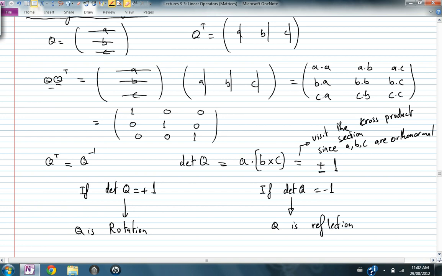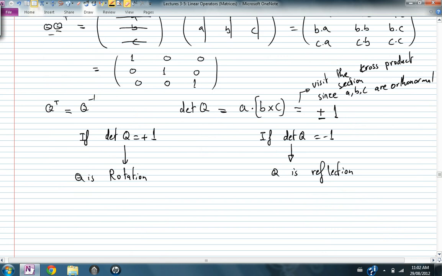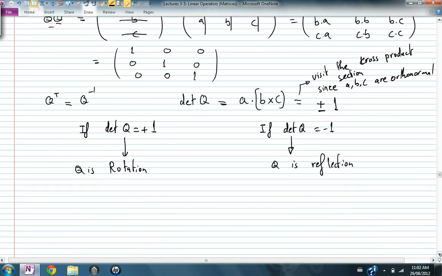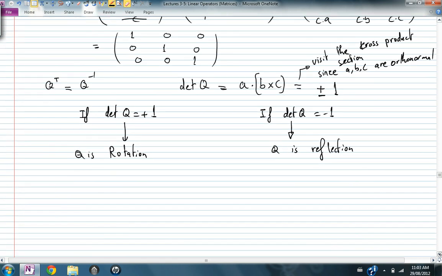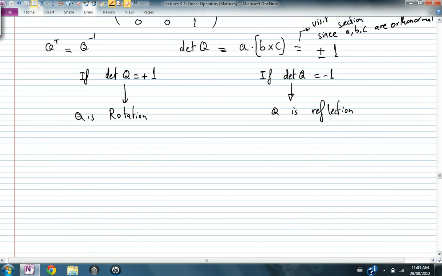So a rotation and a reflection are both orthogonal matrices. Their inverse is their transpose, and their determinant is equal to 1 or -1. If it's 1, it's a rotation. If it's -1, it's a reflection. So let's look at a few examples.